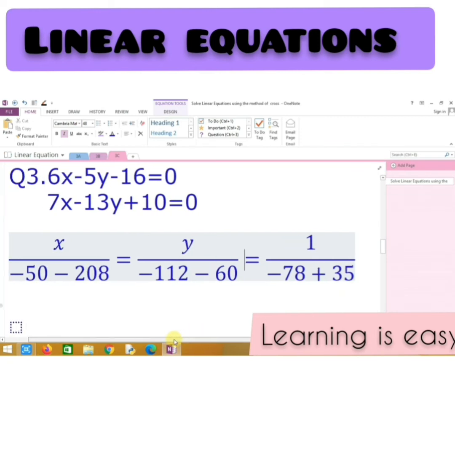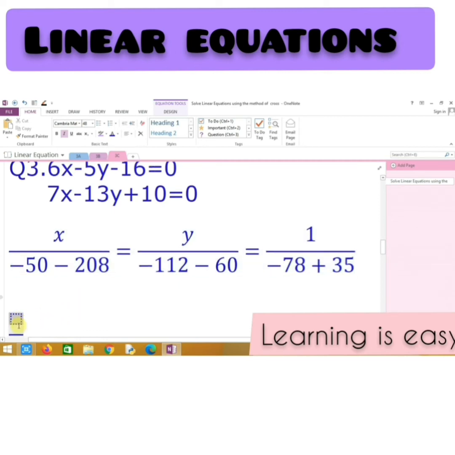Again, by equating the x and constant, we get the value of x, and y and constant, we get the value of y. x by minus 50 minus 208. So both are negative integers. We need to sum up.